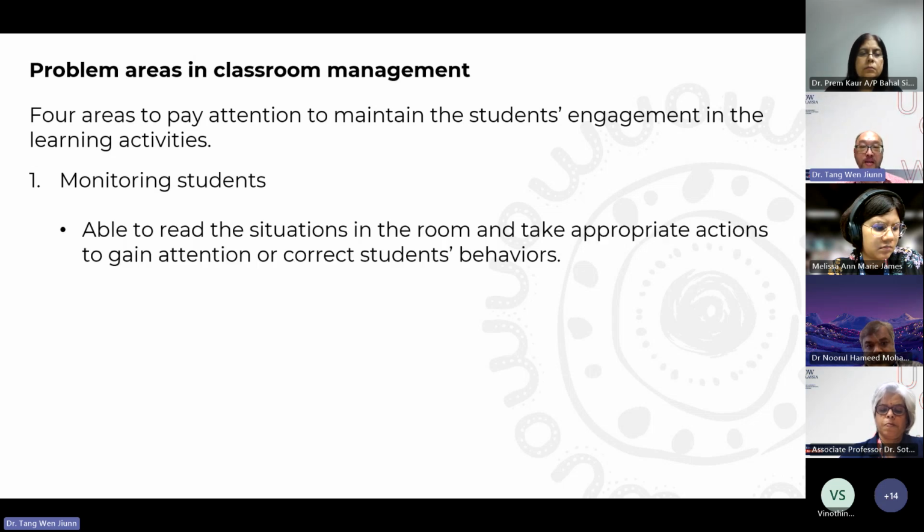So in monitoring students, we have to take note of the students' movement and their behavior. In other words, we have to be alert. We can't be just teaching, doing our own thing, without looking at the body language of the students.